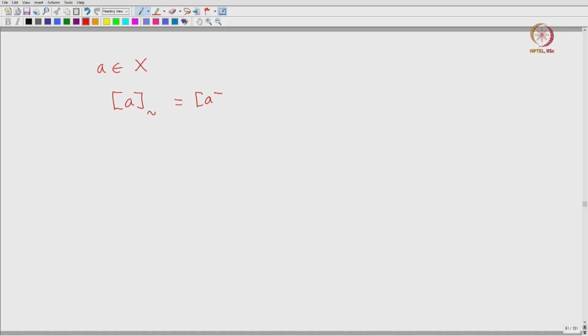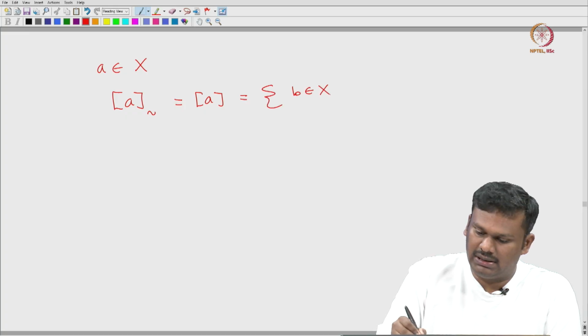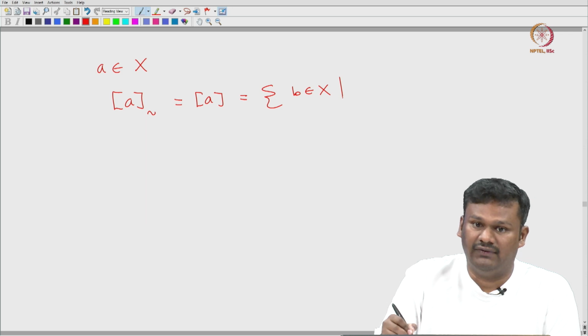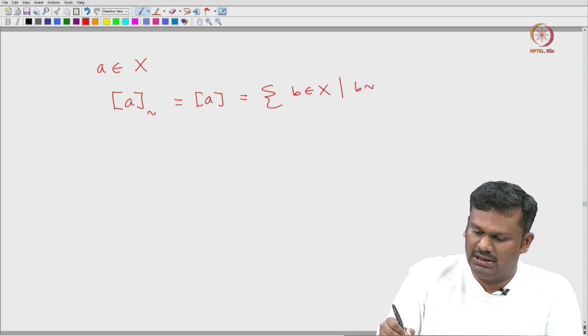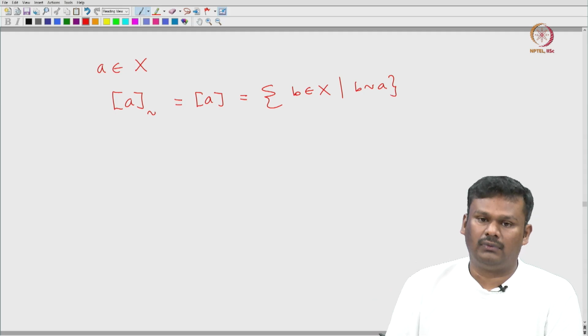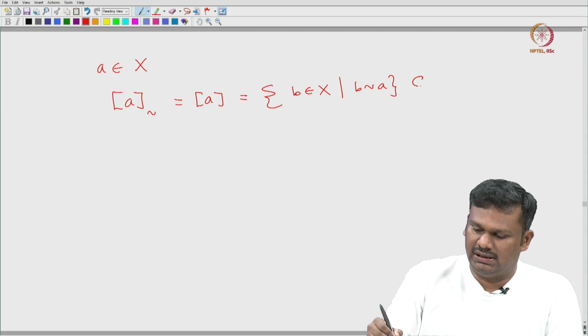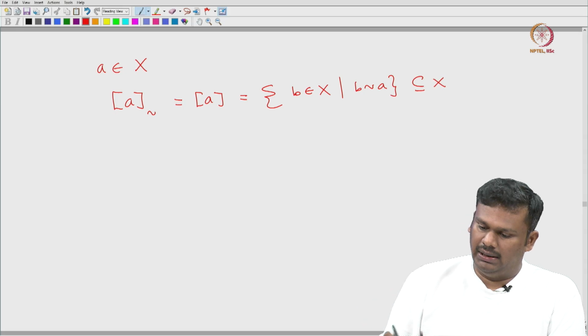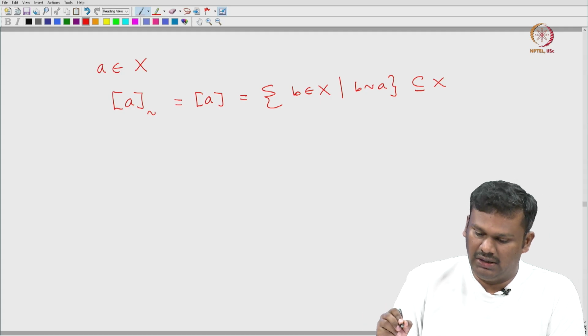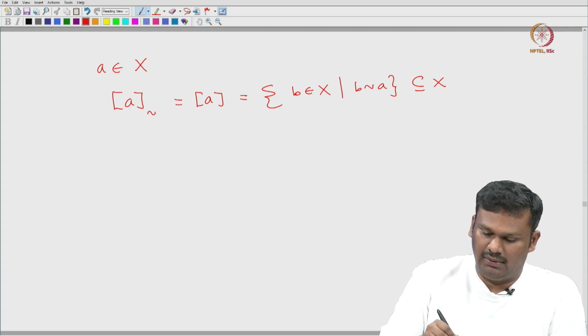So, we simply write it as bracket A, which is by definition the collection of all elements of capital X that are related to that given element A. So, B is related to A. Note that it is indeed a subset of X, and this is what we call the equivalence class associated with A.